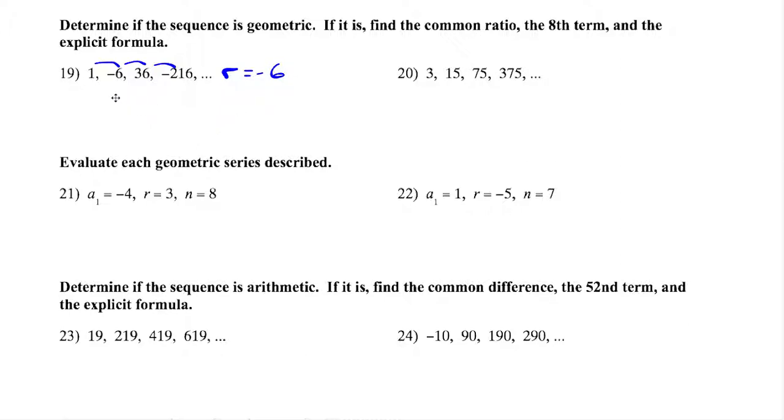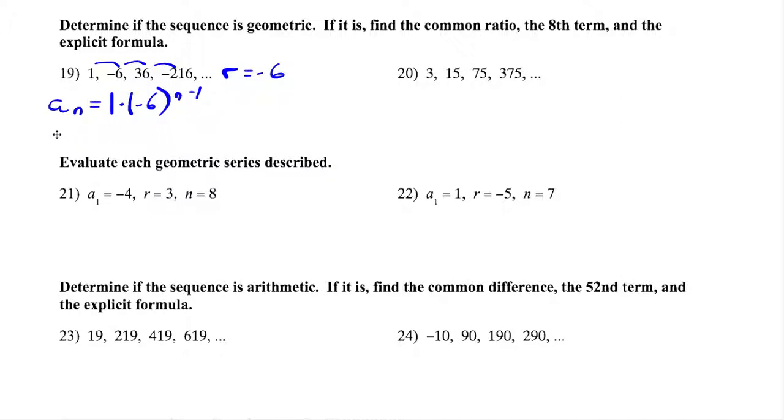The explicit formula for this is going to be that the a sub nth term is equal to the first term times that common ratio, so times -6 to the n minus 1 power.